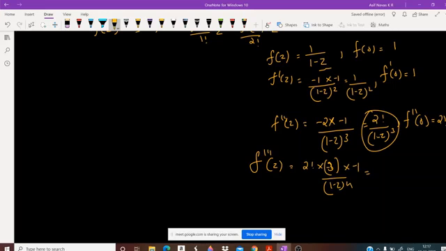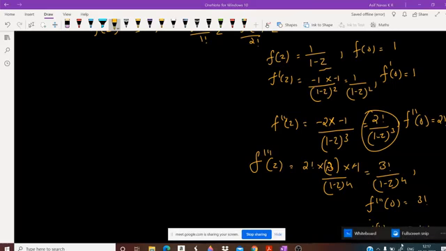So 2 factorial into 3, minus and minus get cancelled. 2 factorial into 3 is 3 factorial over 1 minus z all raised to 4. So f triple dash of 0 is 3 factorial. And so on, the fourth derivative of 0 you will get 4 factorial, and so on.